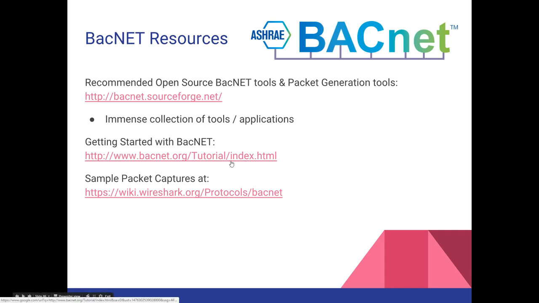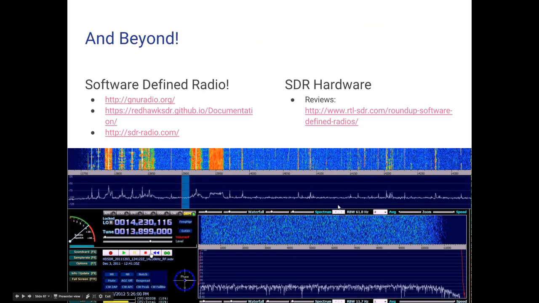To get started with BACnet, BACnet.org has pretty good tutorials, and Wireshark has some good packet captures to work through. And past that, depending on your organization, doing pen tests or the engagement target, software-defined radio is an increasingly important area for security analysis and pen tests.